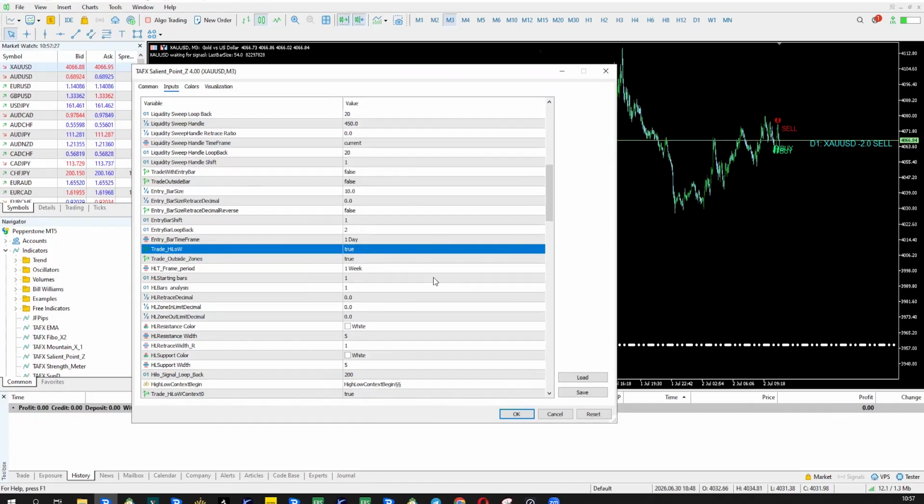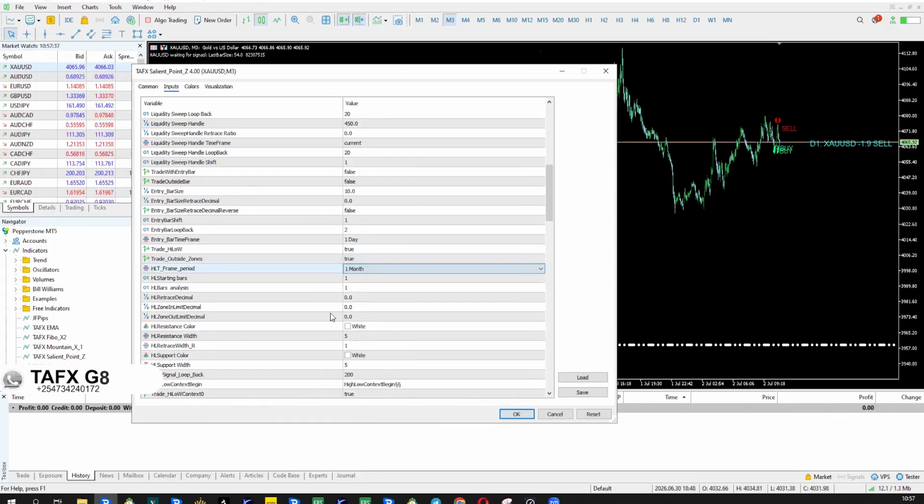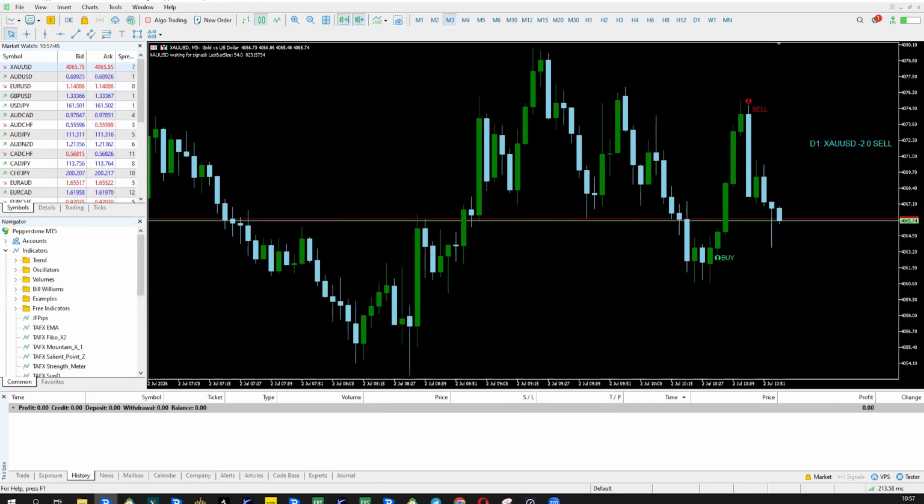That is the point where we activate true and this one true. And you can see here, we can start with the weekly. So for instance, let me start with the monthly so that it can align with that of TradingView.